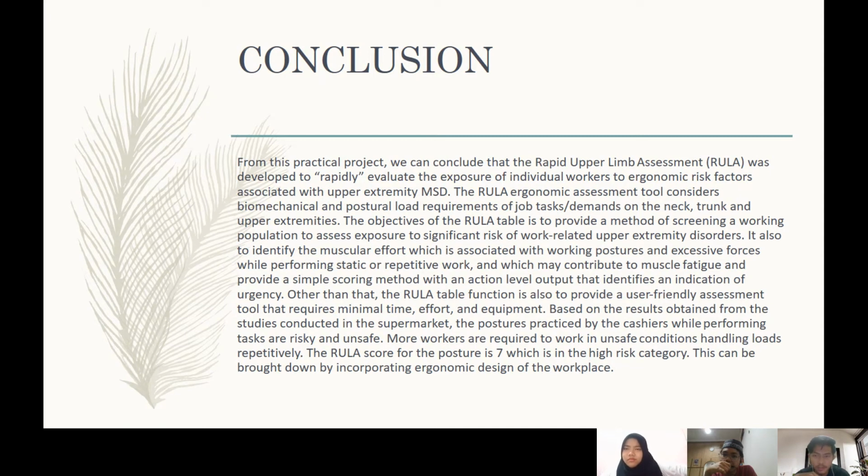The RULER ergonomic assessment tool considers biomechanical postural load requirements of job tasks or demand on the neck, trunk, and upper extremities. The objective of the RULER table is to provide a method of screening a working population to assess exposure to significant risk of work-related upper extremity disorder.